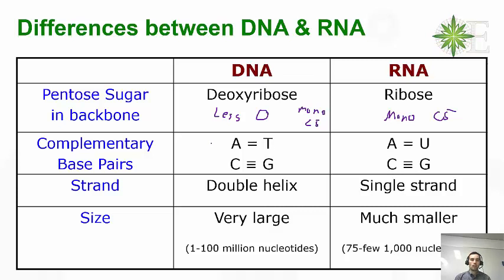We also had a look at the nitrogen containing bases, so our adenine, thymine, these types of things. In DNA, we have adenine pairing with thymine by 2 H bonds, whereas cytosine and guanine form 3 hydrogen bonds. But in RNA, we have uracil instead of thymine, so adenine pairs with uracil by those 2 H bonds.